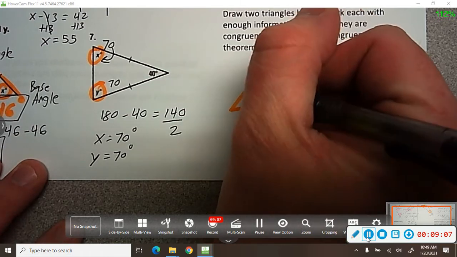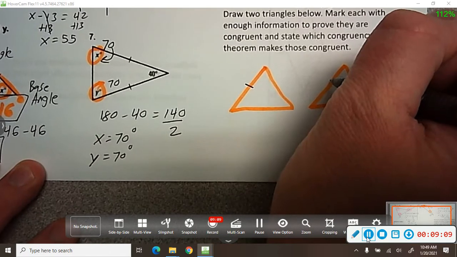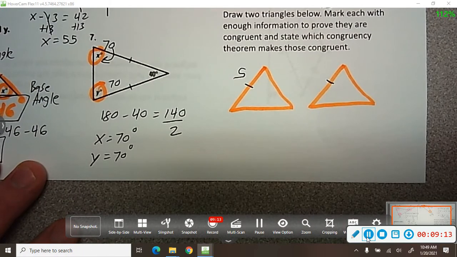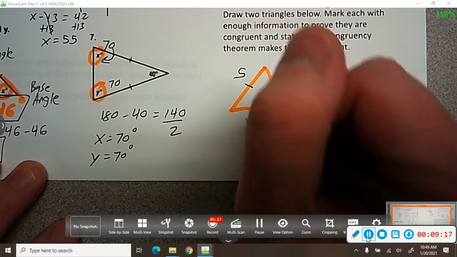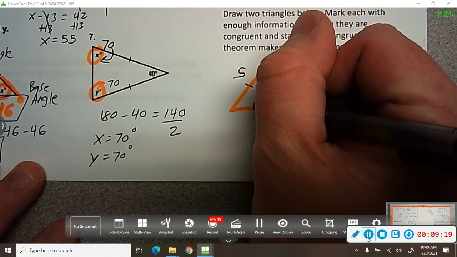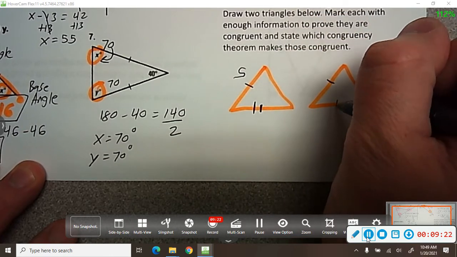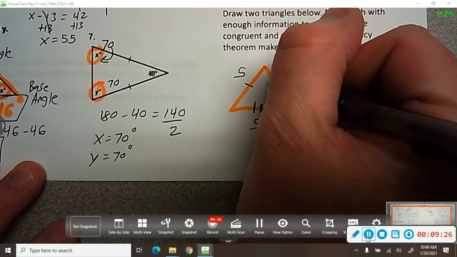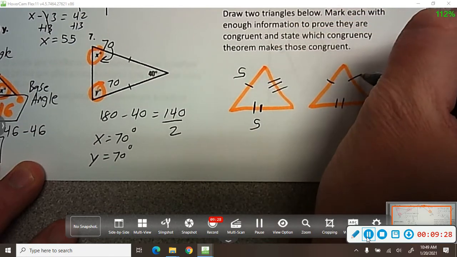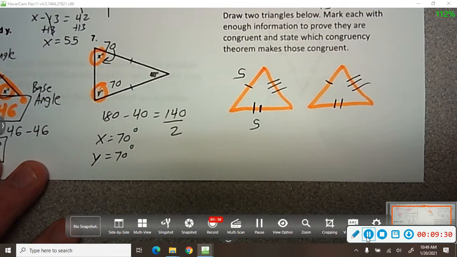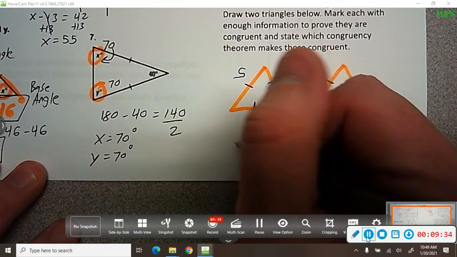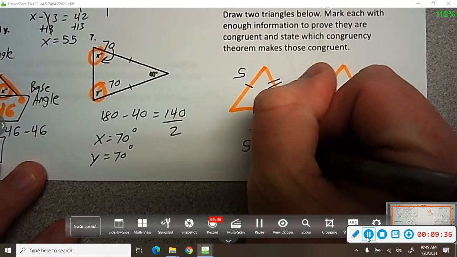So let's do side is congruent to side. And then I think the easiest one is just side, side, side. So let's let this side equal this side. That's another S. And then let's let this side equal this side. So which congruency theorem makes these congruent would be S, S, S.